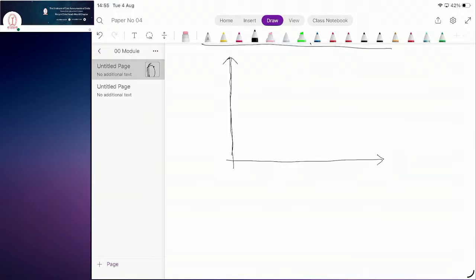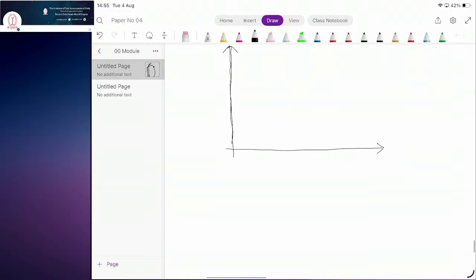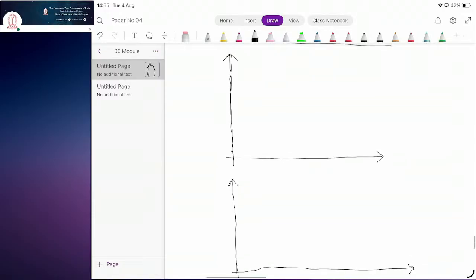Diagrams. Okay, so one below the other, draw two diagrams, with x and y axes. The first diagram is the marginal product of labor curve, and the second diagram is the total product curve.